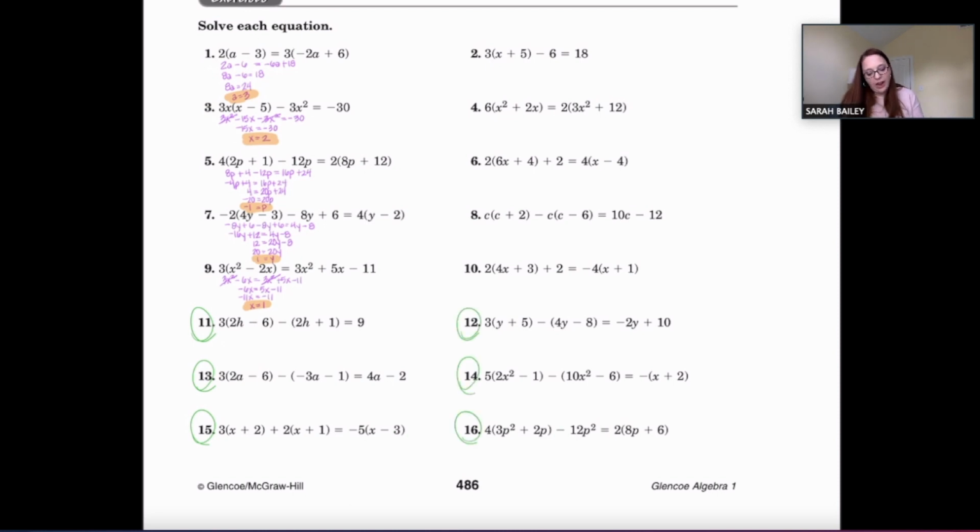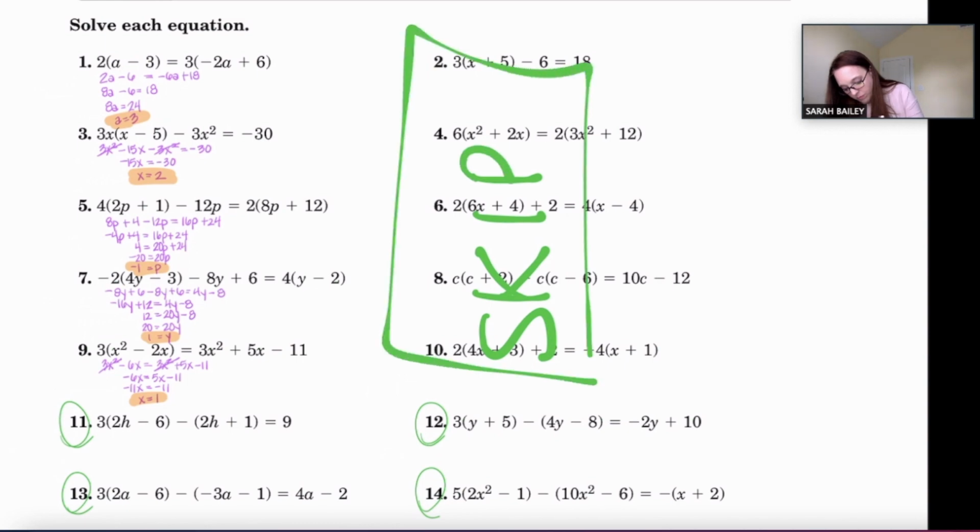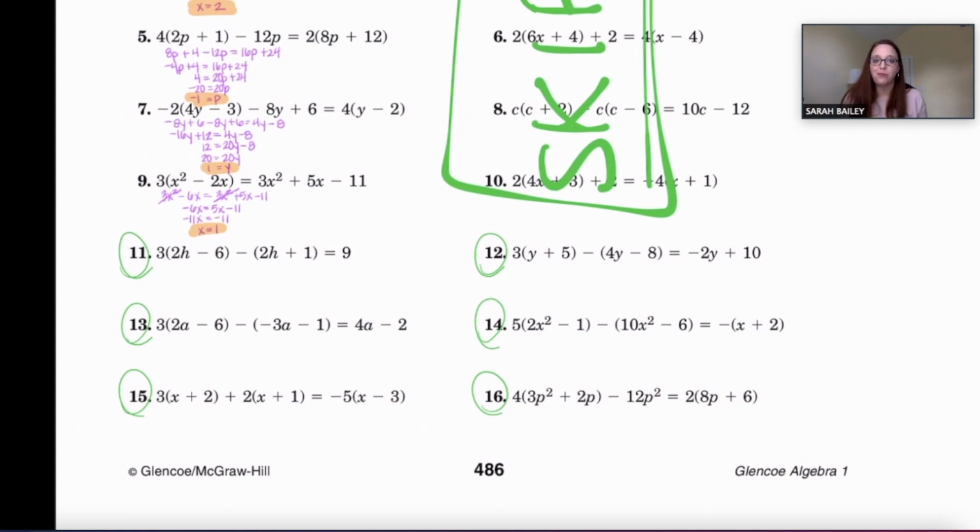And because when I go back to check over this, I want to make sure I remember, I need you to write on 2, 4, 6, 8, and 10, I want you to write skip. So that I don't forget, when I'm checking it and accidentally mark something wrong. So you can pause the video, and basically you're going to do 11 through 16. So pause the video and do those problems now.